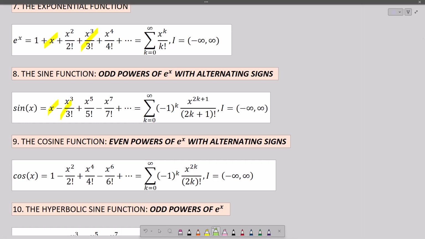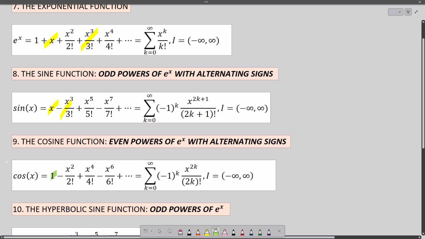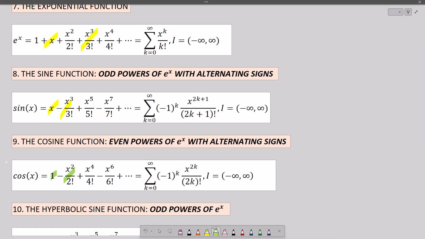And similarly, cosine, isn't cosine just all the even powers? And we can remember that pretty easily because cosine is an even function, symmetric about the y-axis. Sine is an odd function. It's symmetric about the origin. So sine takes the odd powers, cosine takes the even powers, and then we throw in a switch.